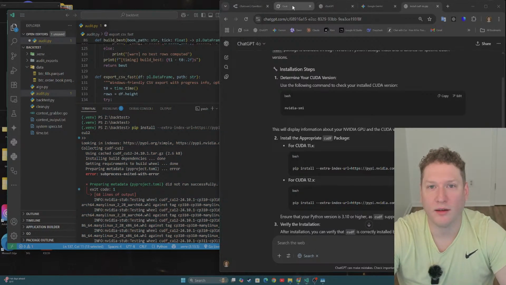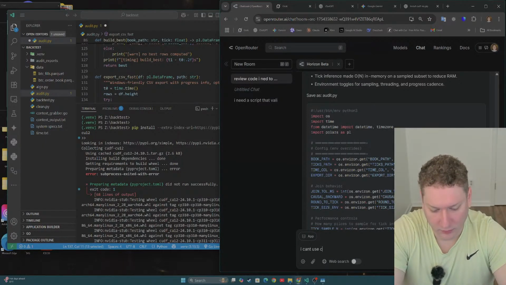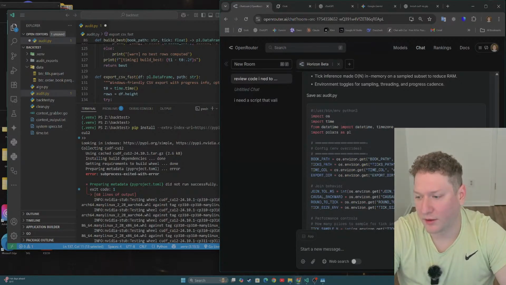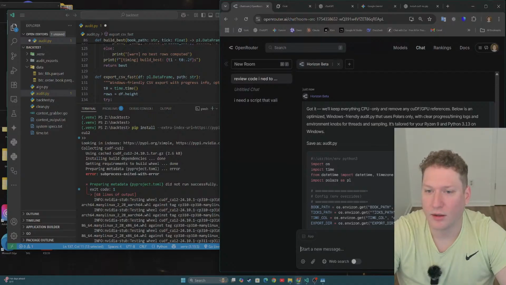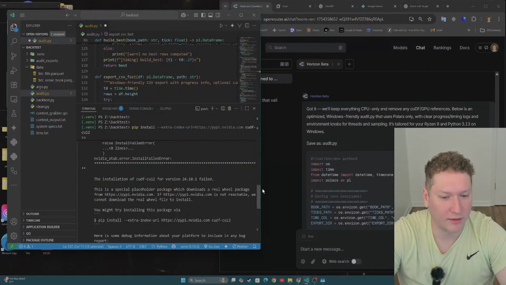Let's see if it has a workaround. Got it. We'll keep everything CPU only and remove it. All right, it's just removing it. It's no big deal.